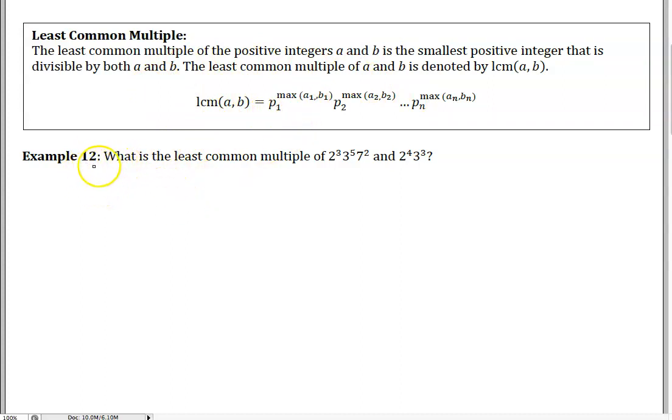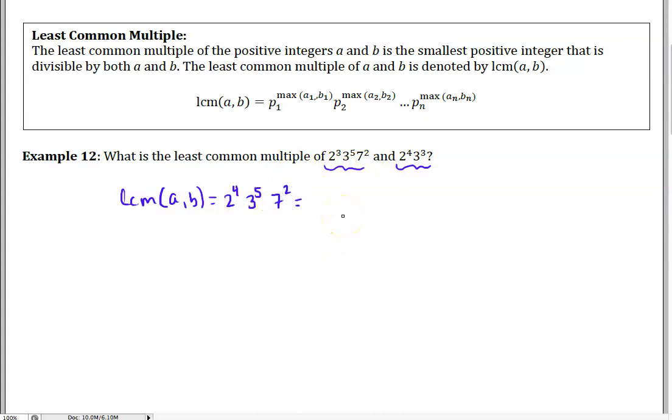All right, so in example 12, I have two numbers already with their prime factorization. So the LCM of these two numbers, we're going to compare. For 2, the highest power between the two is 4. For 3, the highest exponent is 5, and for 7, the highest exponent is 2.